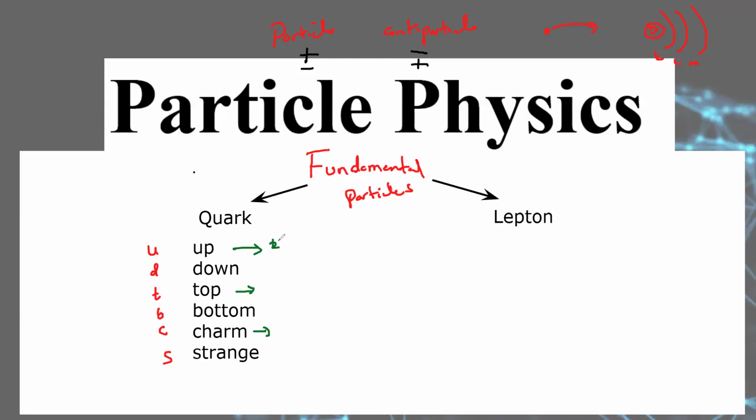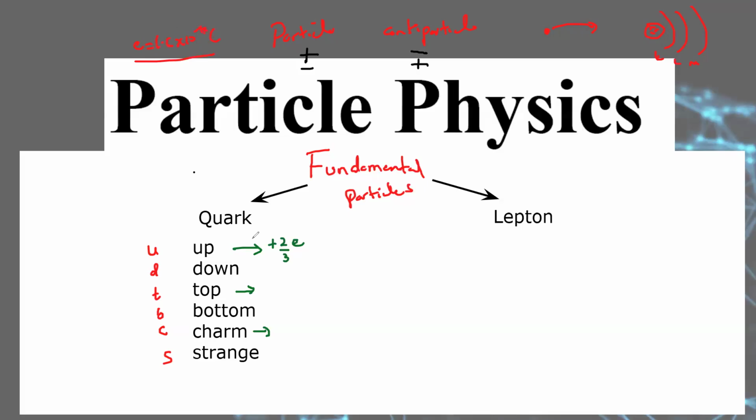The charge of up is plus 2 by 3 e, that is, 2 by 3 times e. What is e? e is the charge of the electron, which is 1.6 times 10 to the power minus 19 coulombs.